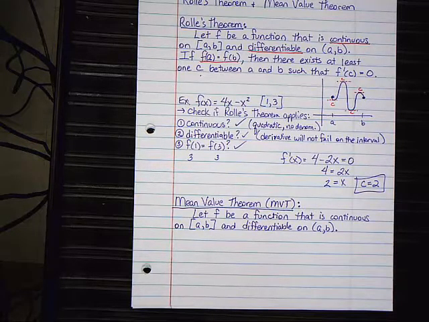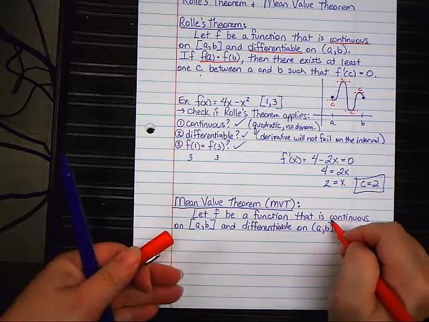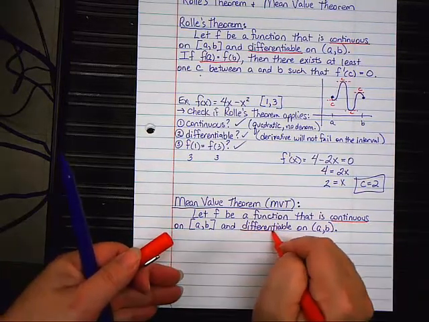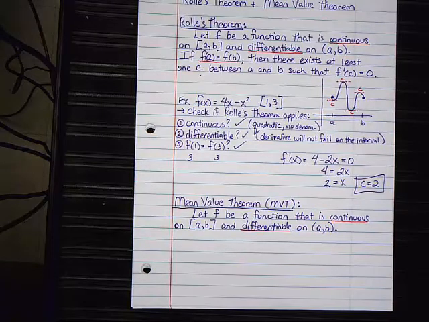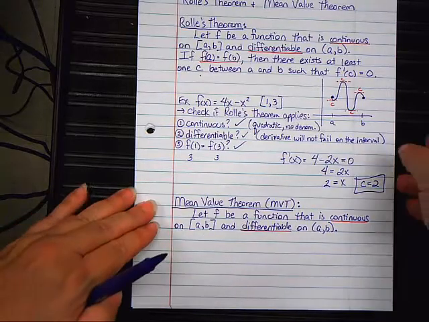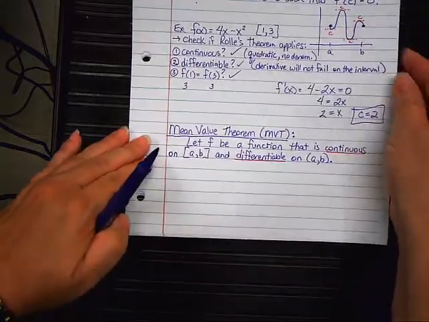How is that like Rolle's theorem? It's exactly the same. Okay, so the criteria here, continuous, differentiable, exactly the same. The only thing is the criteria number 3 does not exist on the mean value theorem. It's only on Rolle's theorem. So from here, we move on.